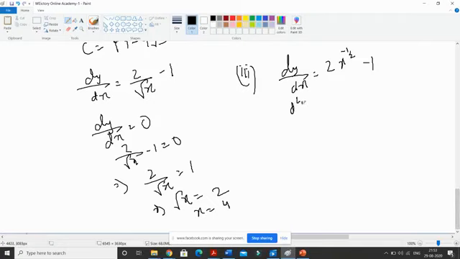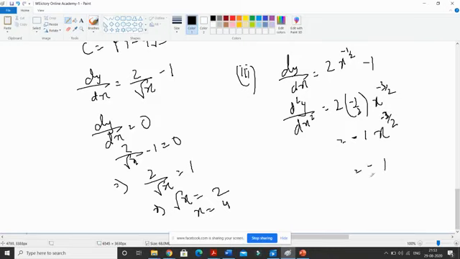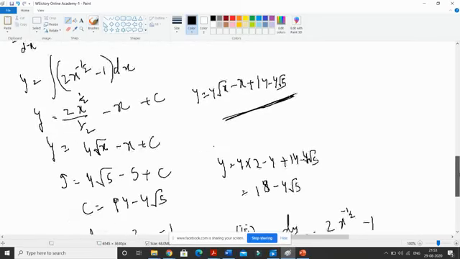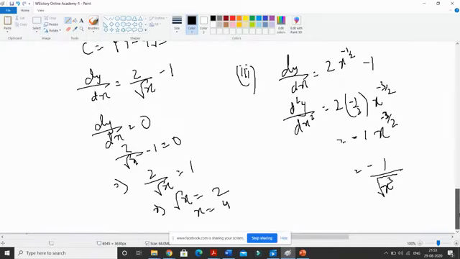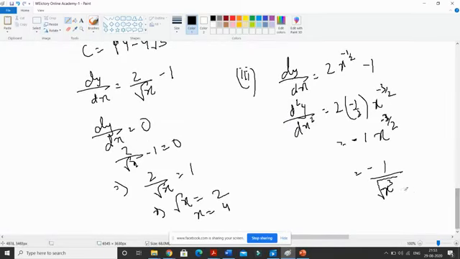So d square y over dx square is equal to 2 into minus 1 over 2 x to the power minus 3 over 2, which will give you minus 1 x to the power minus 3 over 2, which is like minus 1 over square root of x cube. So that's the second derivative, and to find out the nature we need to substitute the x value, which is 4.